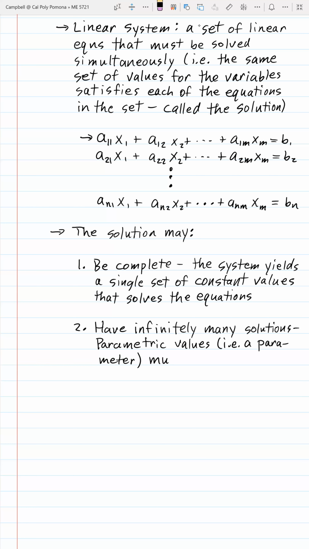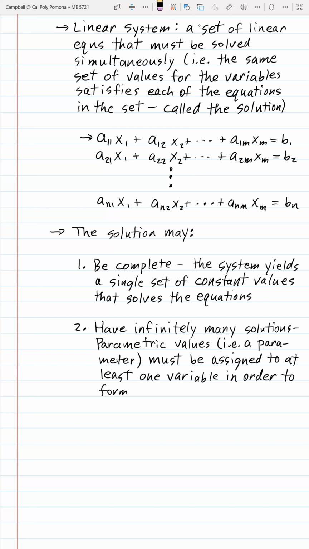So parametric values, i.e. parameters, must be assigned to at least one variable in order to form a solution set.